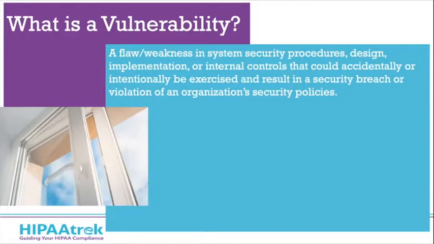From a technical perspective, they are flaws and weaknesses in your security systems, right? It can be weak passwords. You can also think about it as terminated employees whose access to your systems hasn't been taken away yet. So you can have technical and non-technical vulnerabilities to assess.